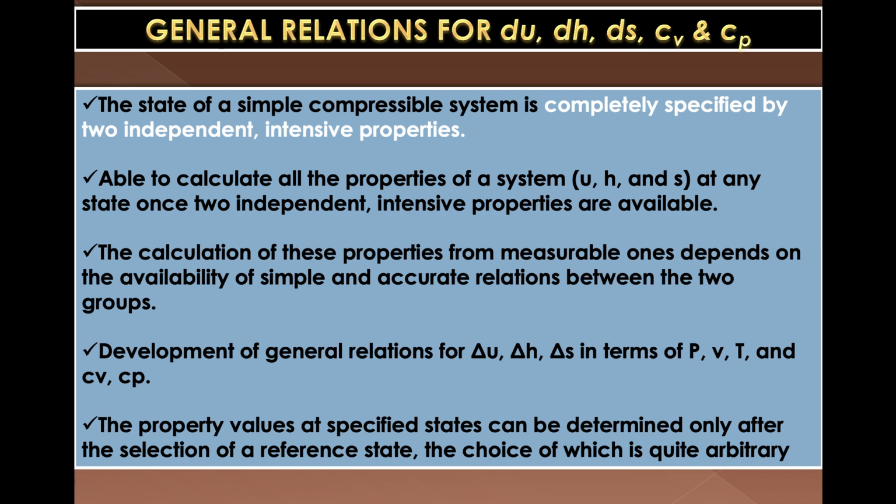The calculation of these properties from measurable ones depends on the availability of simple and accurate relations between the two groups. In developing general relations for delta U, delta H, delta S in terms of P, V, T, and Cp, Cv, the property values at specified states can be determined only after the selection of a reference state, the choice of which is quite arbitrary.